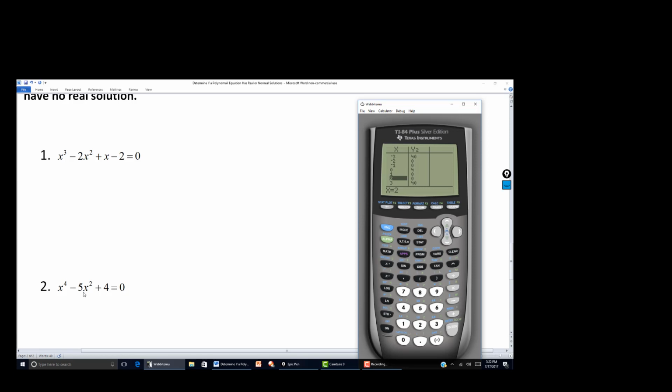Okay, let's go to the next one. Notice this one. The first term is x to the 6, so the exponent is 6. It's even, and it's positive coefficient, so you would expect the graph to go up at both ends.